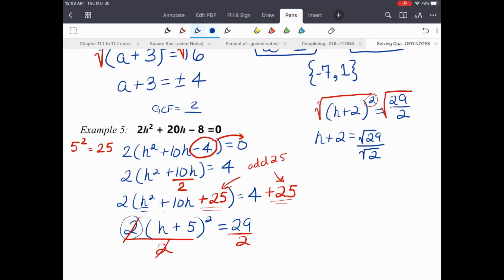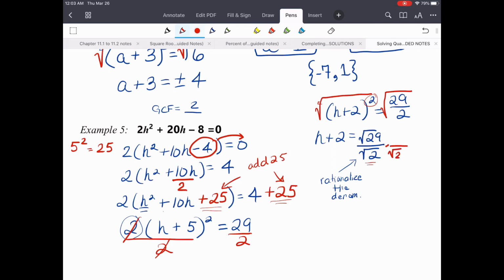But you have something right here, and this goes way back, and you might have forgotten about it: you have to do this thing called rationalizing. We have to rationalize the denominator. In order to rationalize the denominator, you take whatever the radical is in the denominator. In this case, it's the square root of 2.